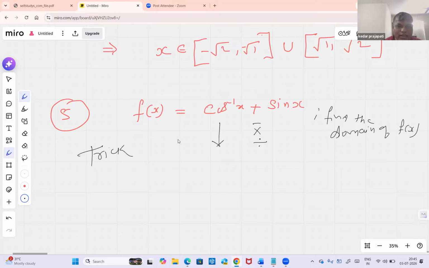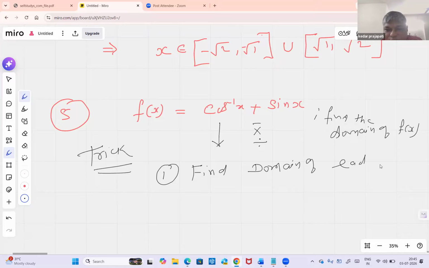Now here the trick is, find the domain of each function, and take the intersection or common. Okay? This is the trick.